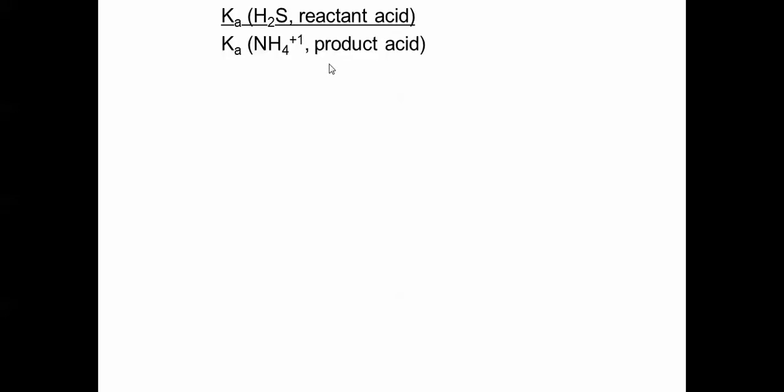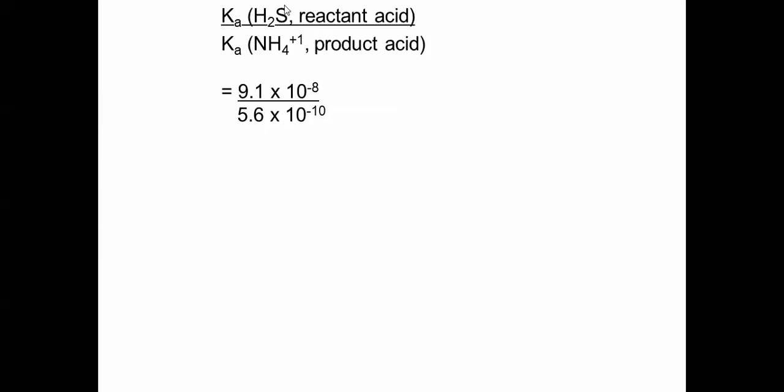So in this equilibrium, what we're going to do is say that the KEQ for this equilibrium is actually this. It's the Ka for the reactant acid on the top and the Ka for the product acid on the bottom. So when you find those in the chart of Kas, then you can just copy them out.